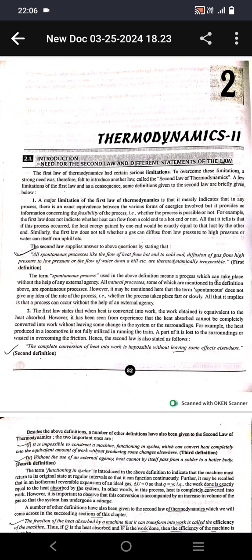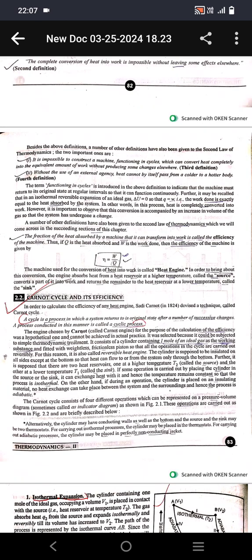Second, without the use of an external agency, heat cannot by itself pass from a colder to a hotter body. The term functioning in a cycle is introduced in the above definition to indicate that the machine must return to its original state at regular intervals so that it can function continuously.